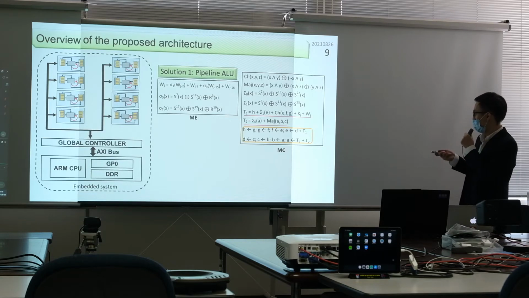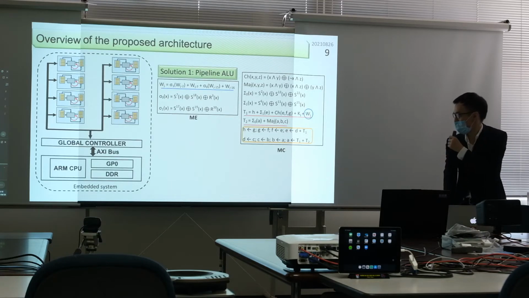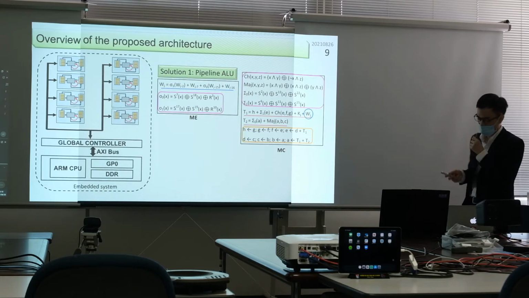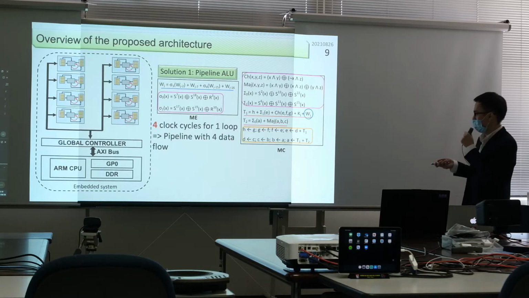In T1, we need to calculate the W, which means the message expansion. To save time, we compute all the functions inside the message expansion together with some functions in the compression at the same time. So after 4 clock cycles, the RU can finish one loop. And we design the RU pipeline with 4 data flows.